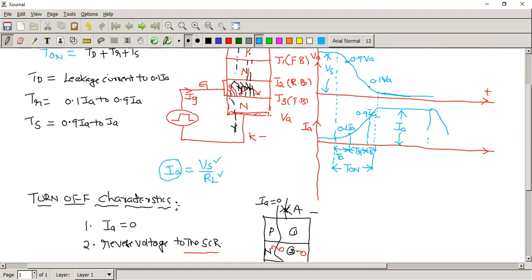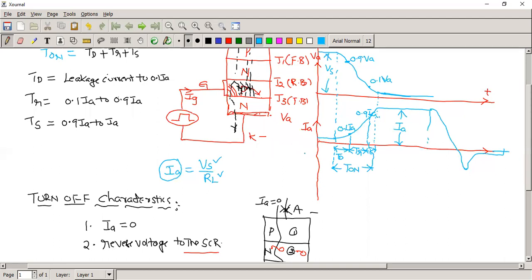But to bring this current to zero, after the current becomes zero, with the same slope, the anode current goes negative. After that, it reaches the peak value. Next, it decreases fast and finally comes to zero.